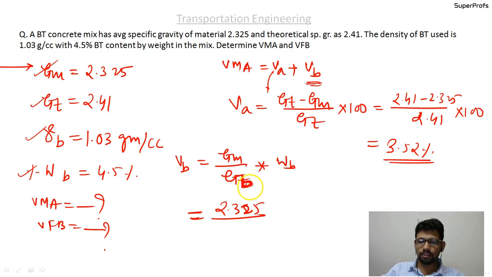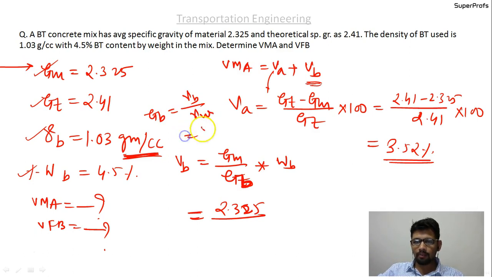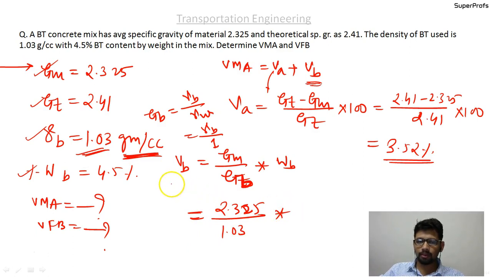Now to calculate GB, since it is in grams per cc, GB will be equal to gamma B upon gamma W. Gamma W is equal to 1, so GB is equal to gamma B itself, that is 1.03. Into WB, percentage weight of bitumen, that is 4.5.